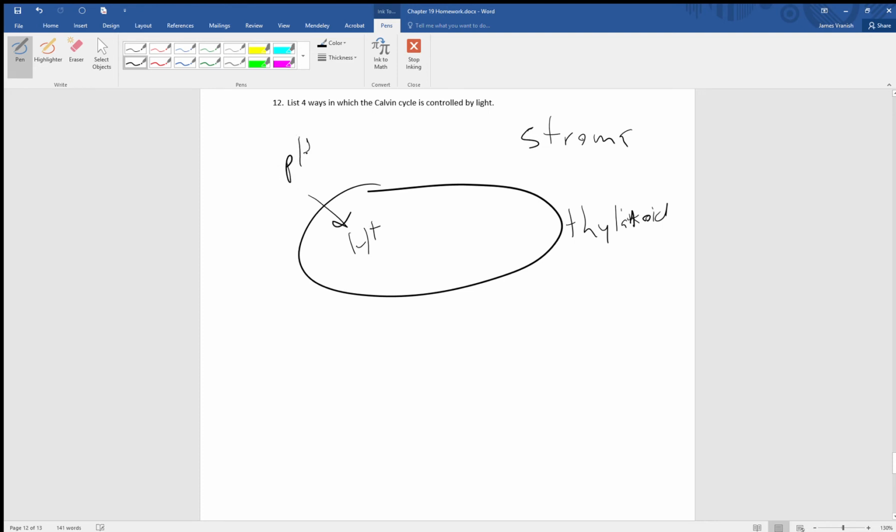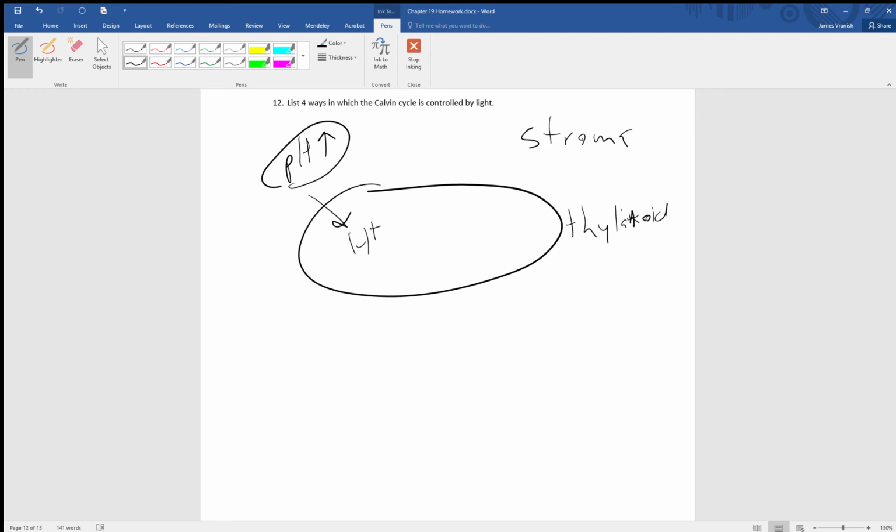So the pH outside in the stroma is increasing during the day. And this higher pH actually activates rubisco. So rubisco is active at higher pHs, but not active at neutral pHs. So this is another way the Calvin cycle is controlled by light.